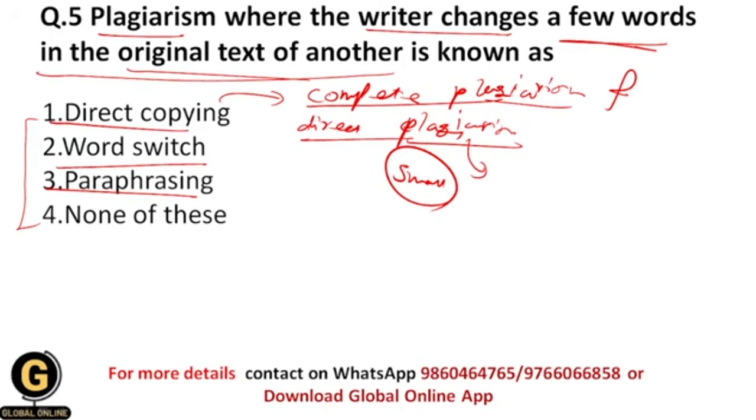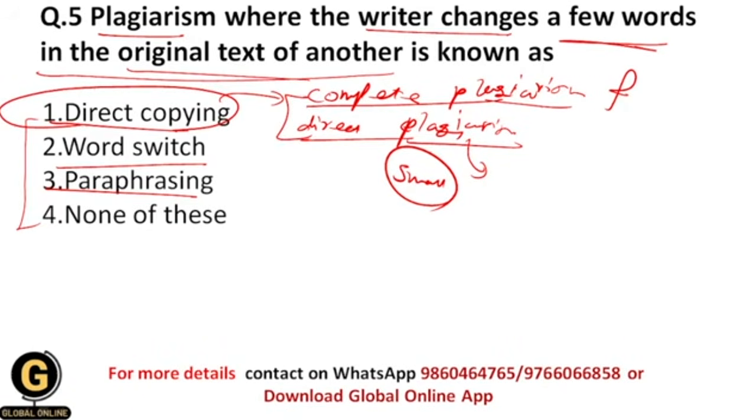But in direct plagiarism we are copying some part of that book or research paper. For example, I am only copying its abstract as a whole. So I am doing direct copying, but the amount that I am copying is small. That's why direct copying happens in both kinds of plagiarism, complete plagiarism and direct plagiarism.